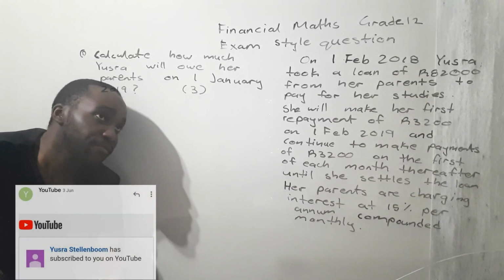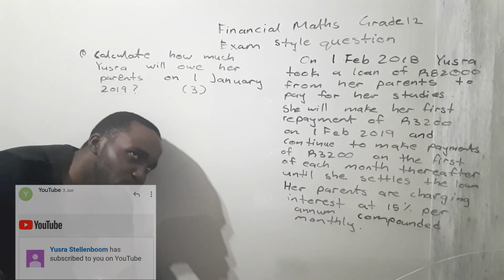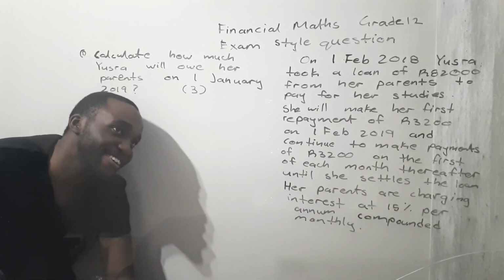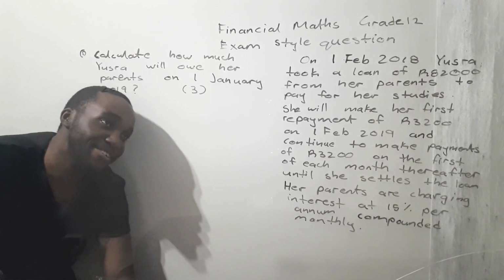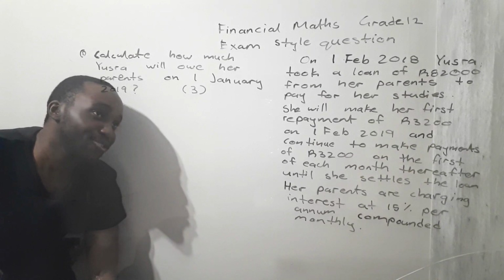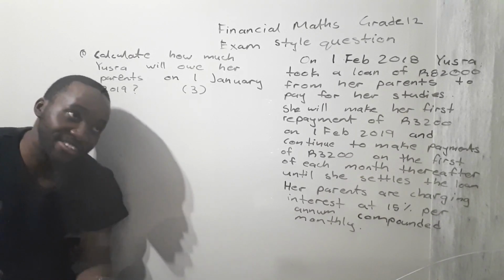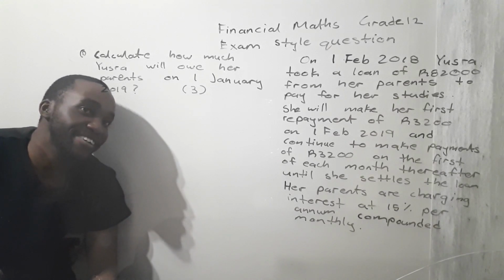So it says here on 1 Feb 2018, Yusra took a loan of 82,000 from her parents to pay for her studies. I think she wants to go study her PhD. So instead of just letting her parents pay for the studies, she wants to pay them back because she's that brave. Wow. Hectic.